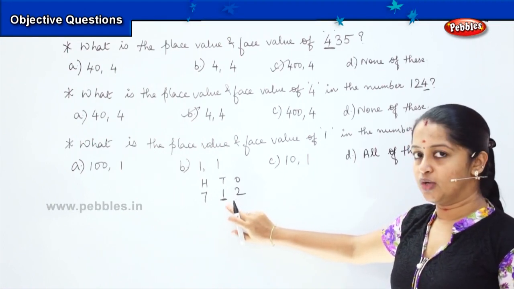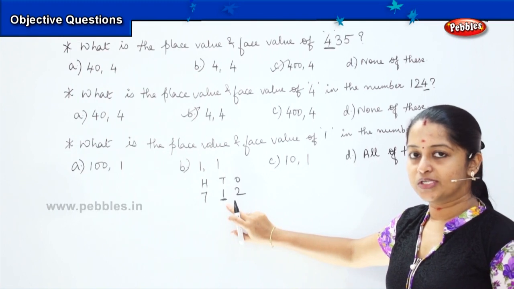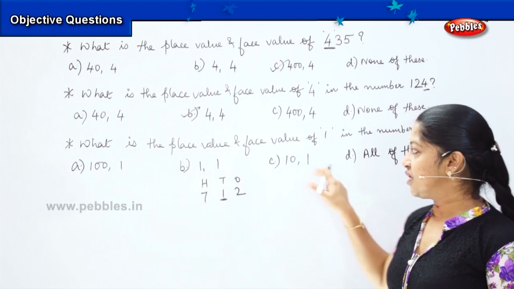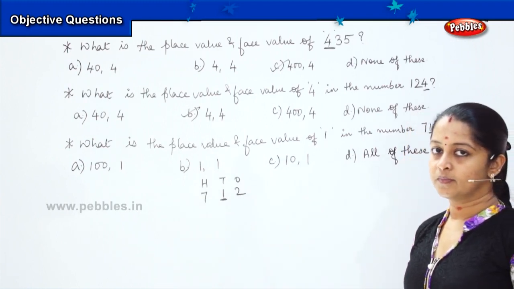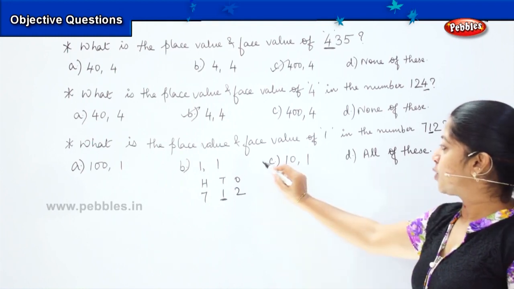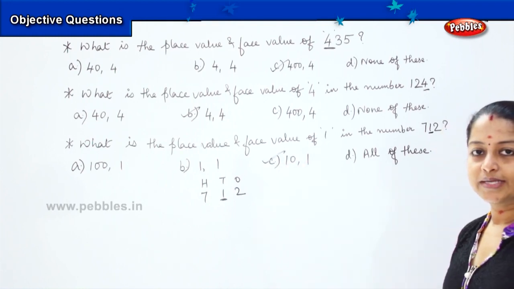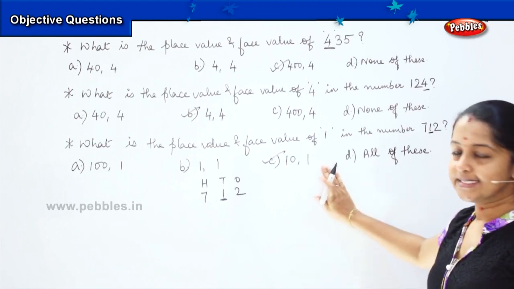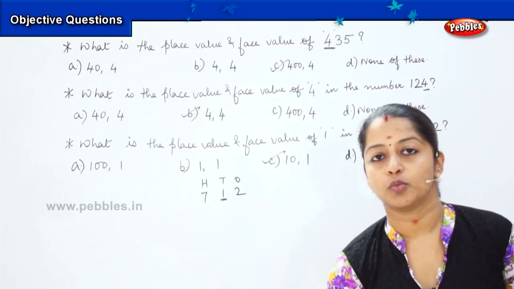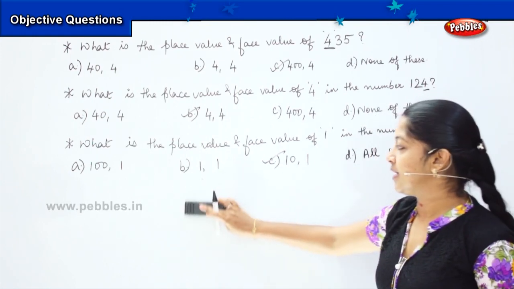And what is the face value? It will remain the same, which is 1. So my answer should be 10 and 1. Where can you see the option here? Very good. You are grasping it quickly. So option C is my right answer. Is it easy, children, to solve these type of questions? Shall we go for a few more sums? Okay, here is your next sum.